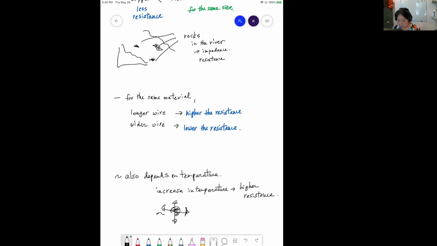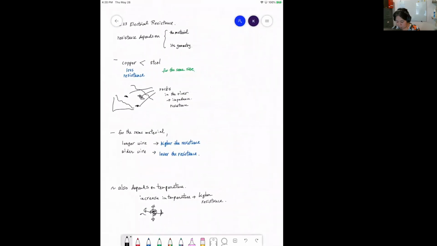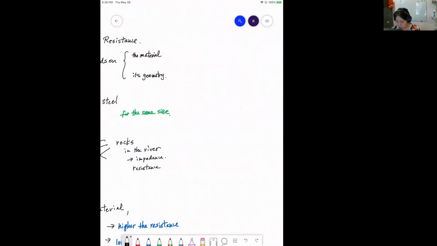Lastly, electrical resistance. I'm going to use the alphabet. Typically, we use the uppercase letter R, and it's also a scalar.